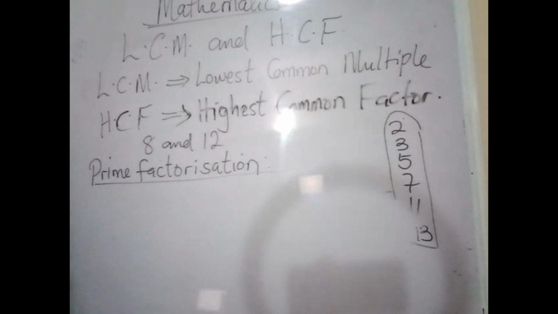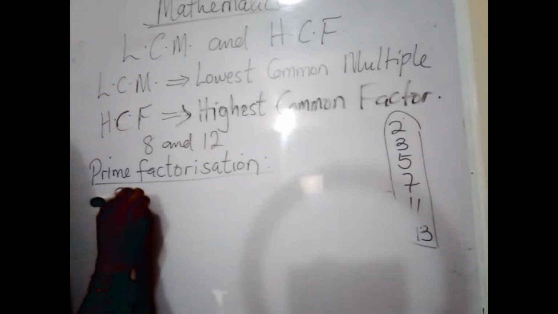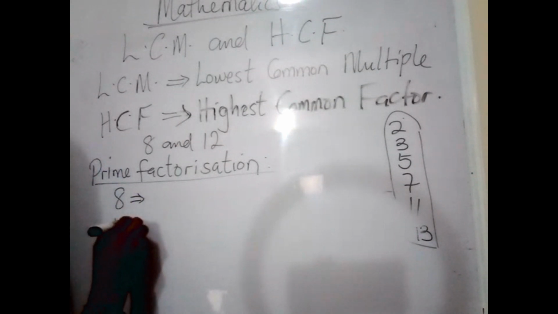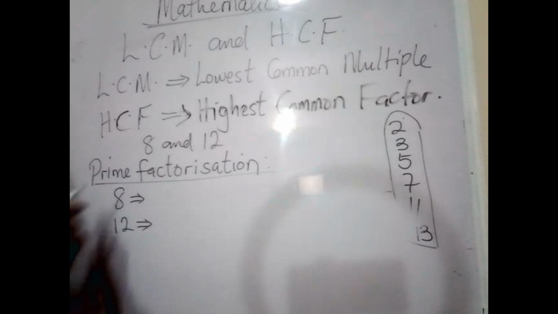In the prime factorization method, we will have to break down each of these numbers into the prime numbers that will represent them. We need to break them down and represent them with the prime numbers that will multiply themselves to give us these numbers.